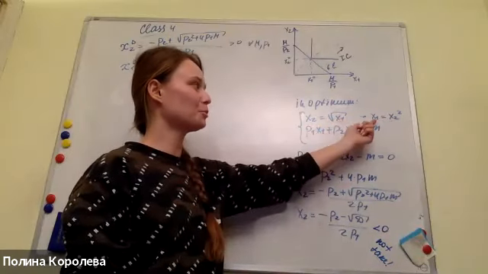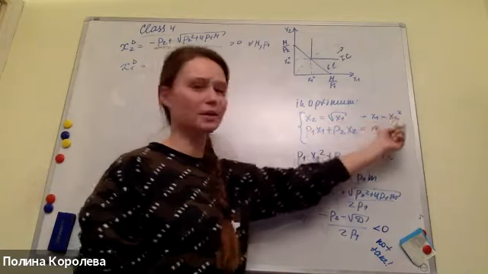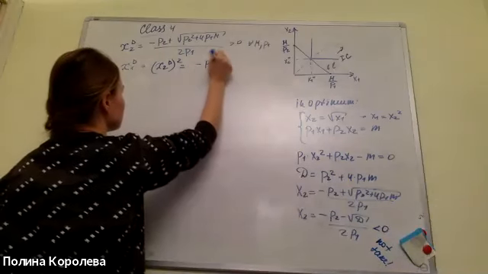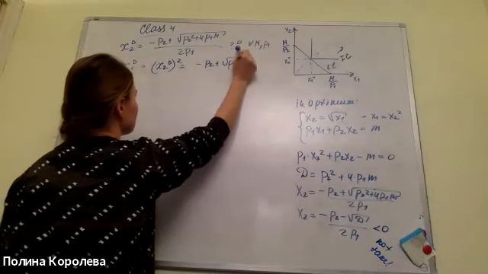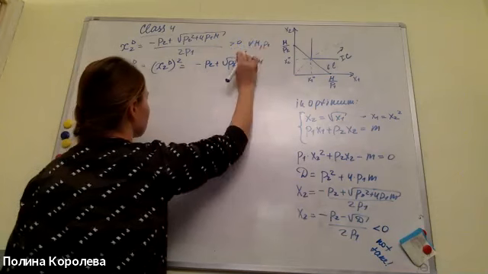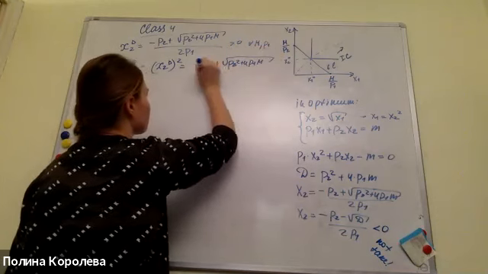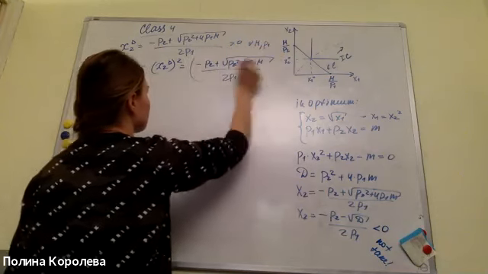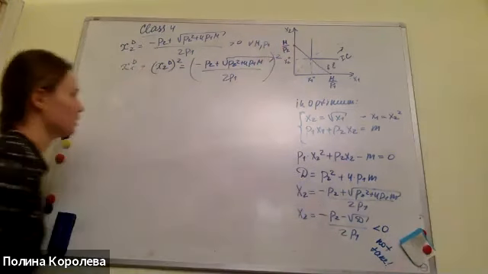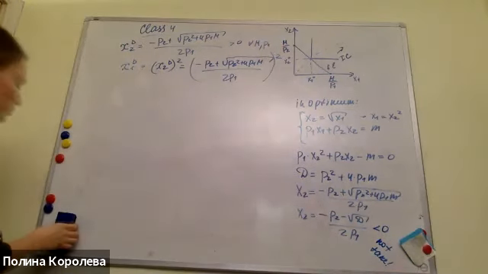We know that in optimum x1 equals x2 squared. So the demand is the square of x2. So this will be minus p2 plus square root, in square. And that's the answer for the demand for the first good.